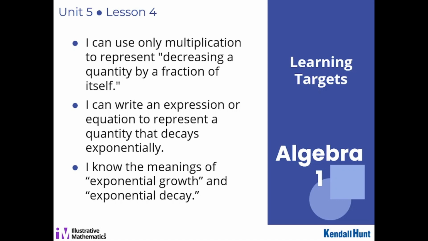By thinking of it as multiplying by a fraction rather than dividing, it allows us to write it the same way we did before, and it allows us to notice whether we are multiplying by a number that is greater than 1 so that we are growing, or by a number less than 1 so we're decreasing. So that's what they mean on this first one.